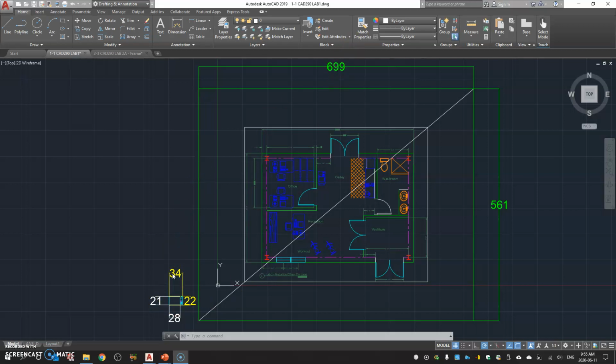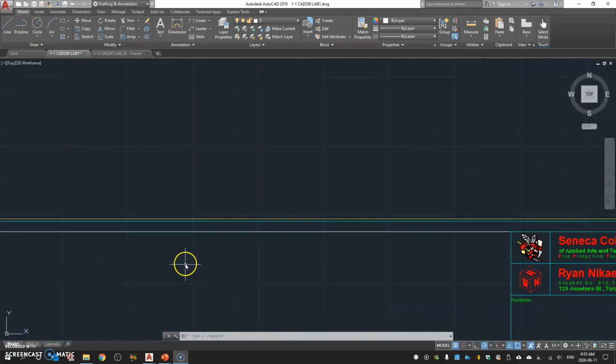And don't forget something here. This is the sheet that we have. This is the frame that we have. It's 34 by 22. But in reality, just 28 of that 34 is usable because we have the title block here. And 21 of that 22 is usable because we need some area around the frame.